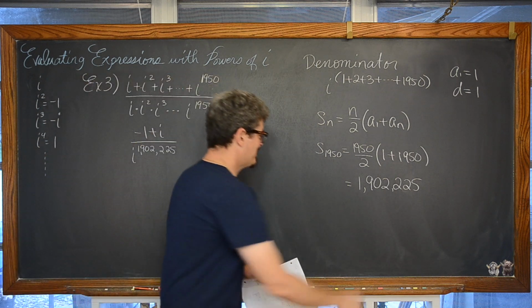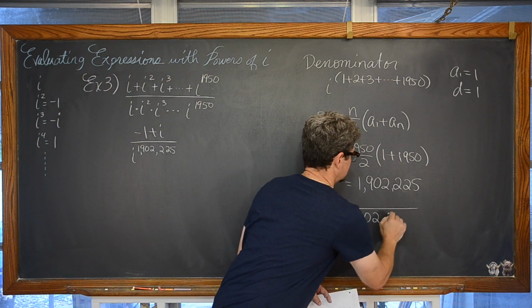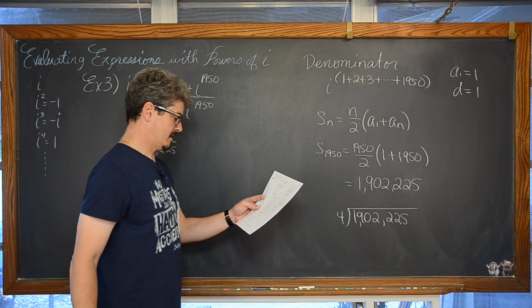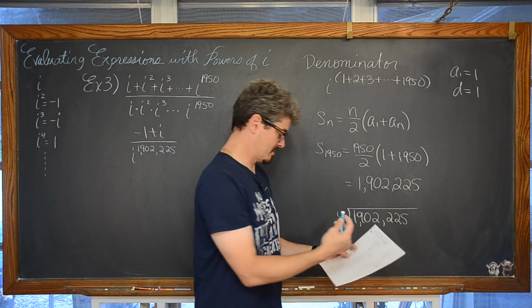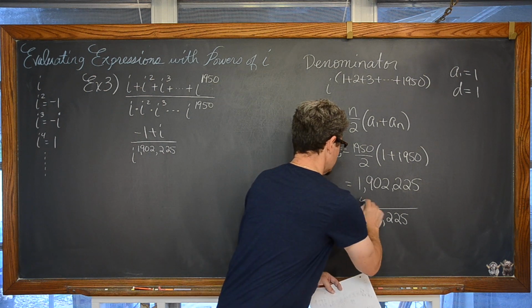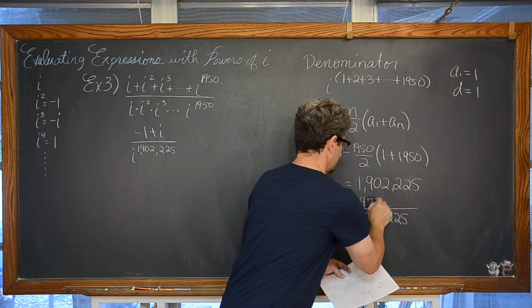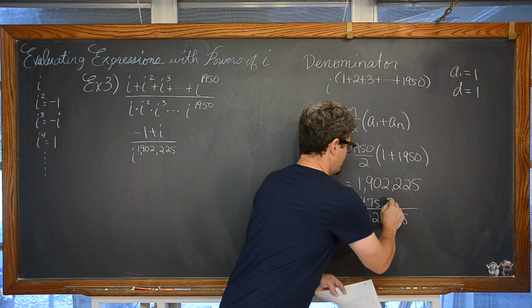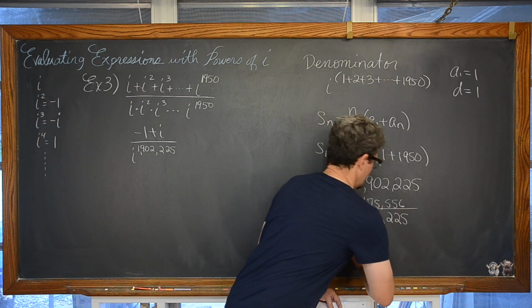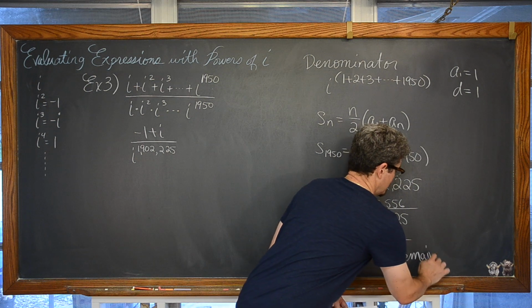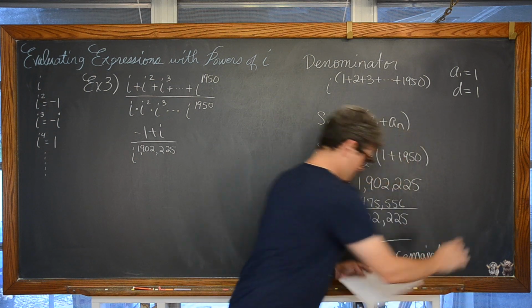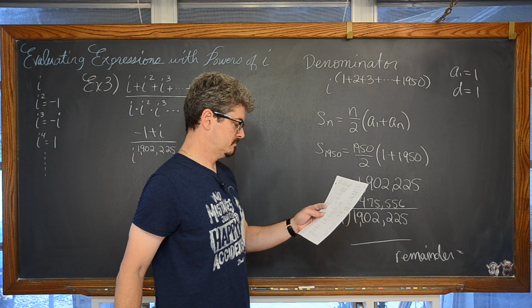We can divide that by 4 and get 475,556, and so on. Really the answer isn't important, it's what the remainder is. After all that math, you have a remainder which is equal to 1.